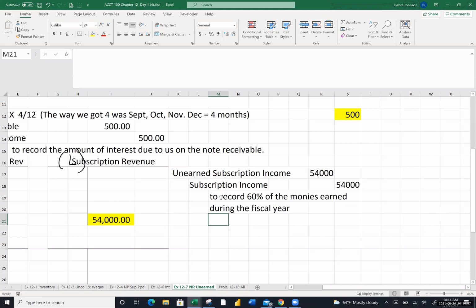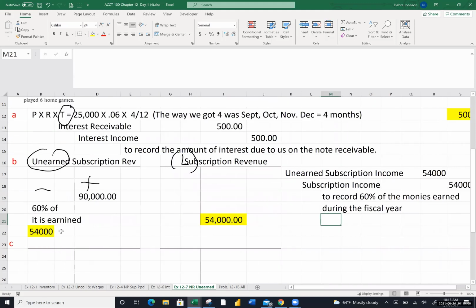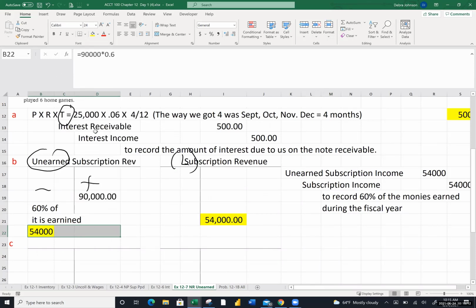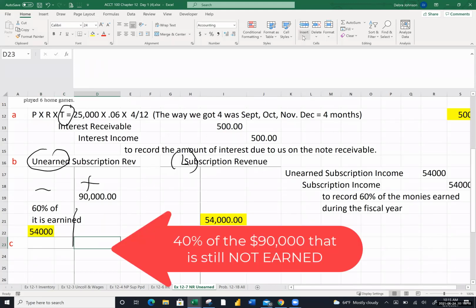I want to show you one more thing, but I also want to give you the chance to ask questions. So what would be left in this liability account is anything that still has not yet been earned, right? Another way of saying that is what's going to be left in there is the other 40% that hasn't yet been completed. Let me put in another line so I can show you that.